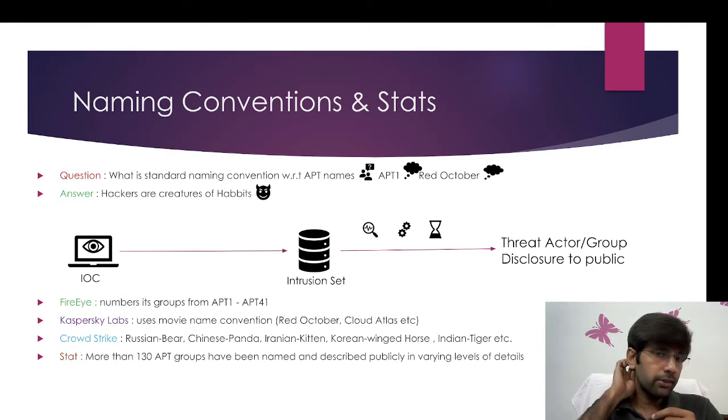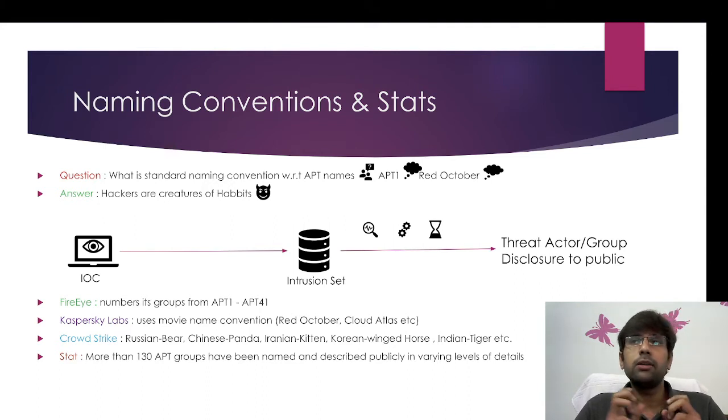The most interesting one was the CrowdStrike naming convention. They give names that reflect the country behind that particular threat actor. For example, pandas relate to Chinese groups, kitten to Iranian groups, bear to Russian groups, and tiger to Indian APT groups.